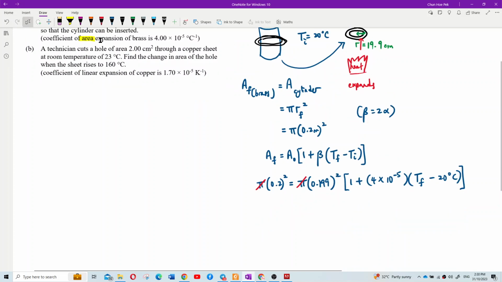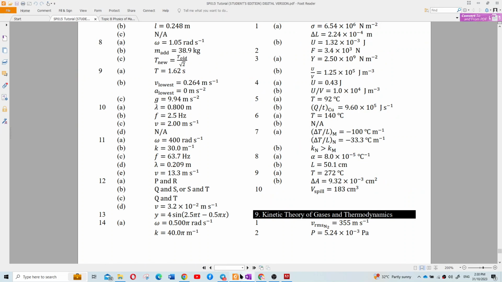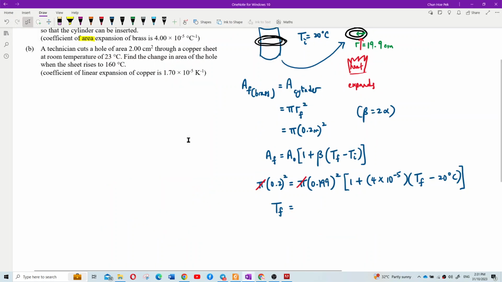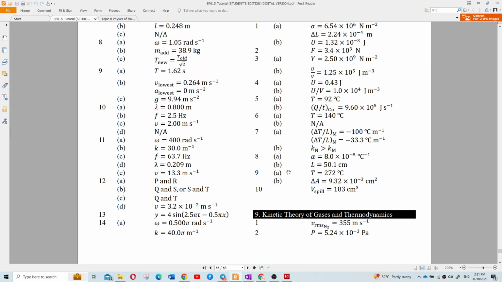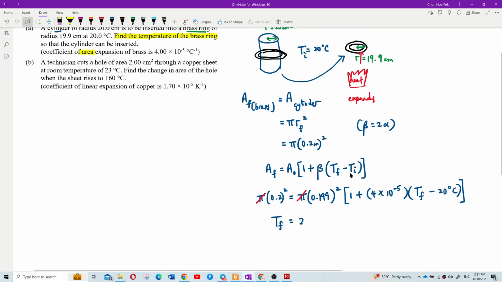So right now, find the final temperature. What is the final temperature? The final temperature is in the answer. Is it this one? 272. Question 9A, am I at question 9A? Yeah, correct. 272 degrees Celsius. That's the answer.